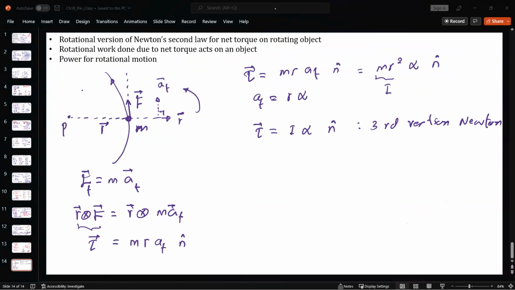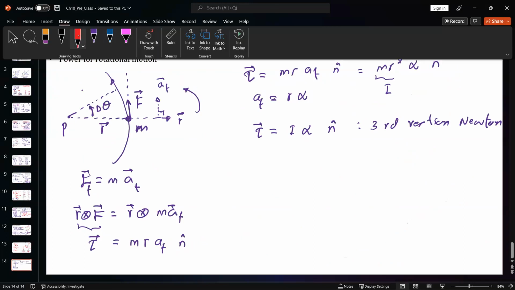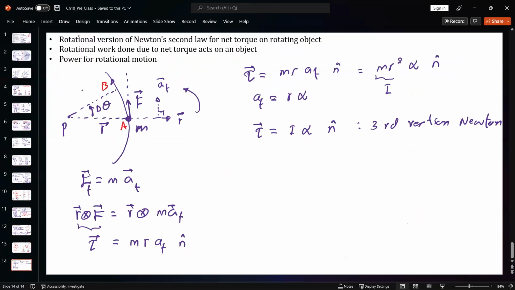Let's assume the object starts right here. We move the object delta theta amount relative to the starting point. So we apply a force and then move the object from point A to point B along that circumference direction. If I do that, then I can easily define the angular work done for the rotation.